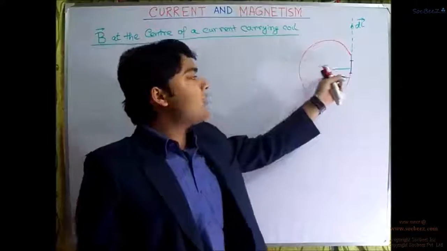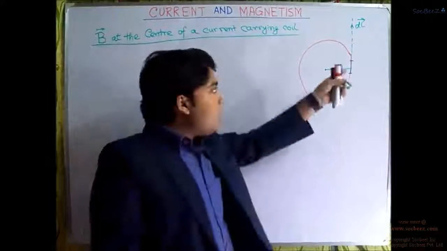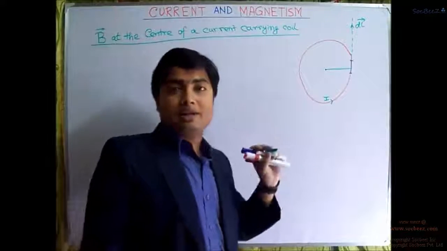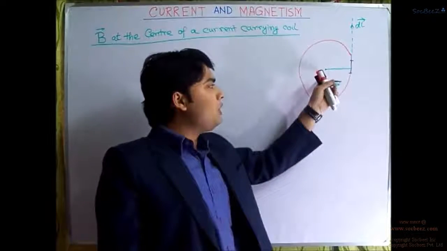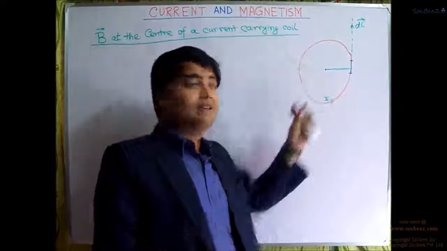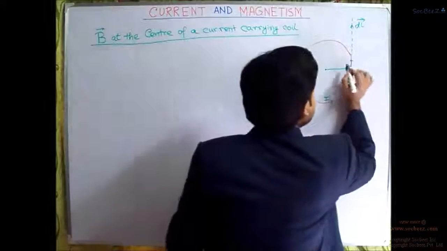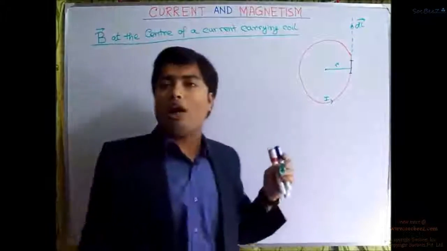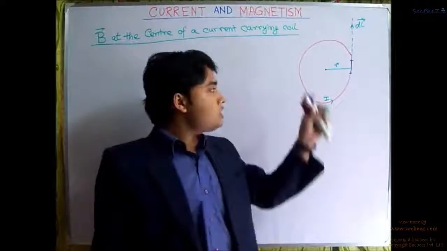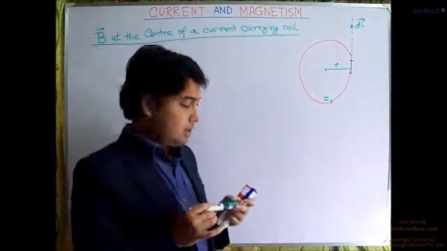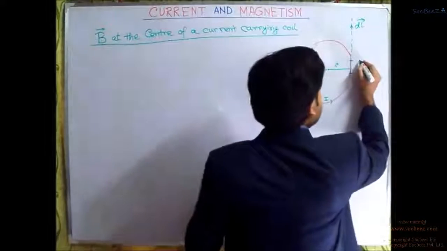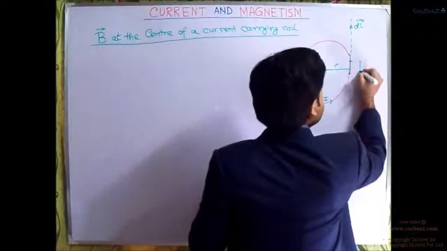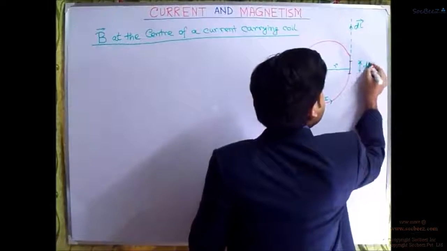And what is the distance? If this entire one is a circle and this is the center, then this will be equal to r, where small r is the radius of this circle, and the length of this is dl.